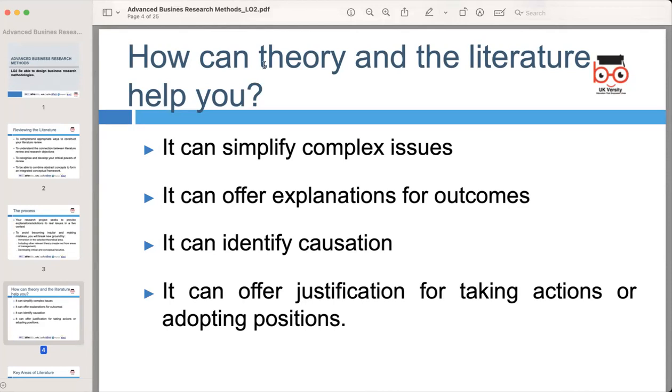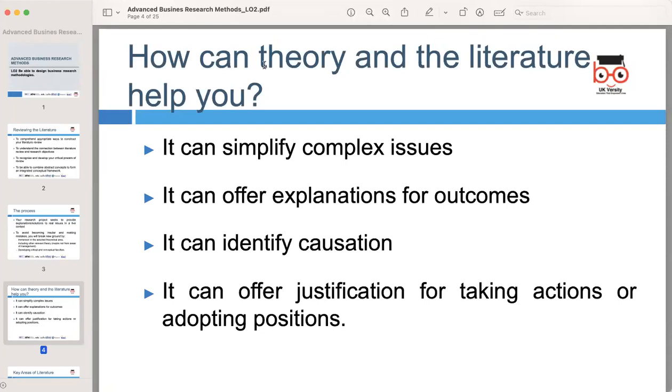Okay. Have you ever faced a problem that seemed overwhelming or too difficult to grasp? So theory and literature come to the rescue. They break down complex concepts into meaningful pieces, making them easier to understand.